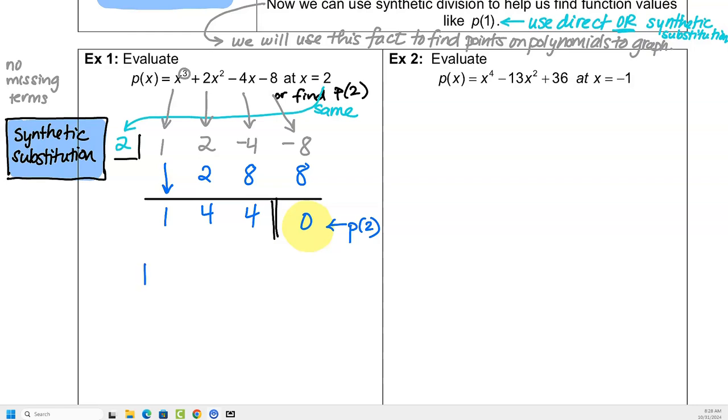So p of 2 is equal to 0. Or we could write it like 2, 0.